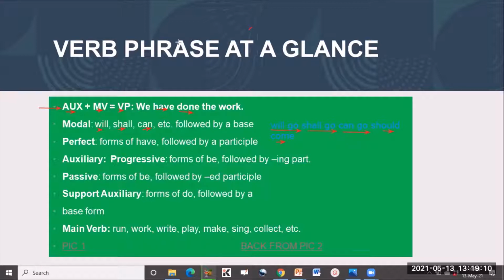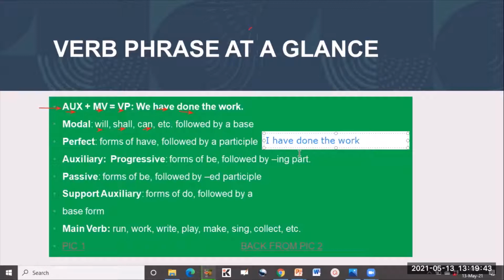Okay, so let's erase this so that we can look at other examples, other possibilities, how we can combine various forms in order to form the verb phrase. Now, we can look at the perfect forms, and in this case, we have a form of have. For instance, I have done the work.